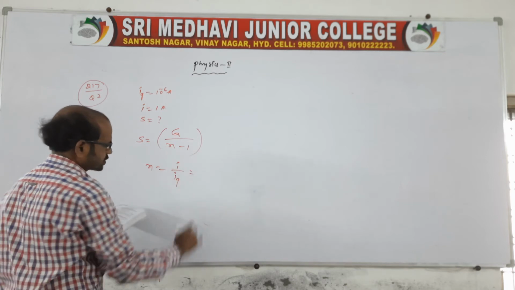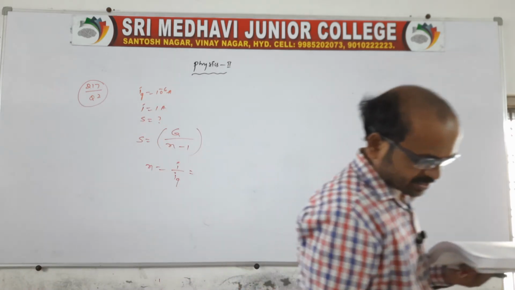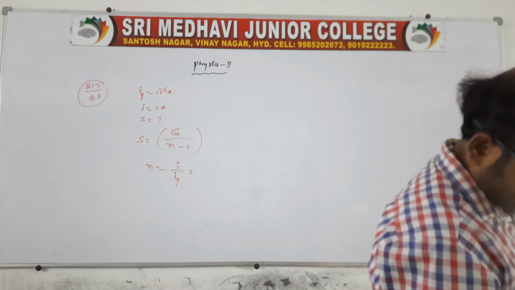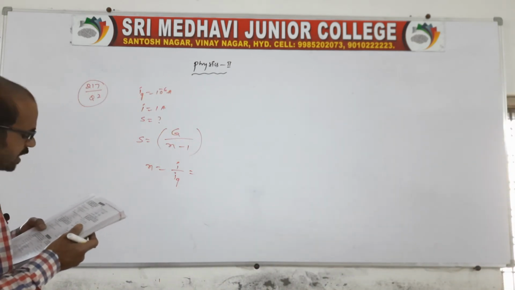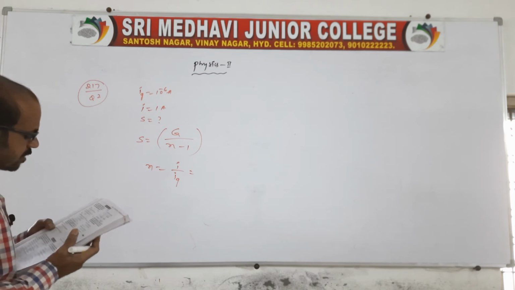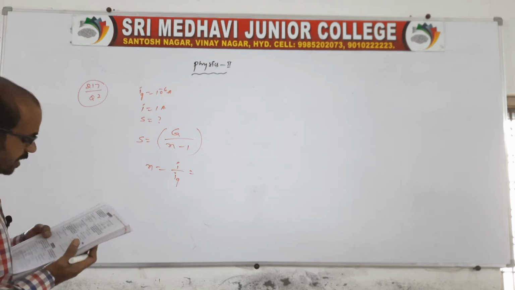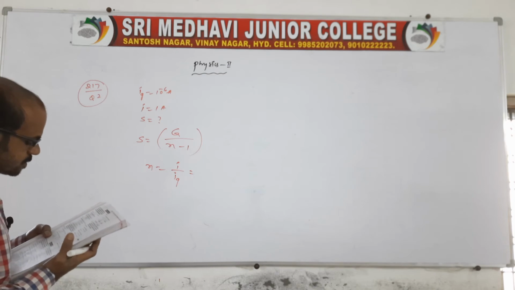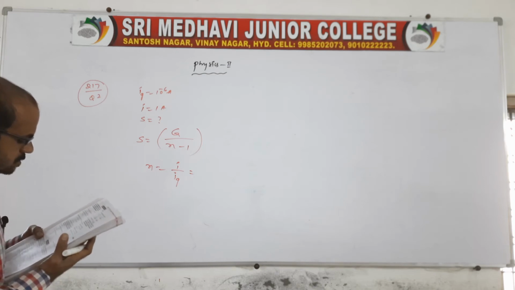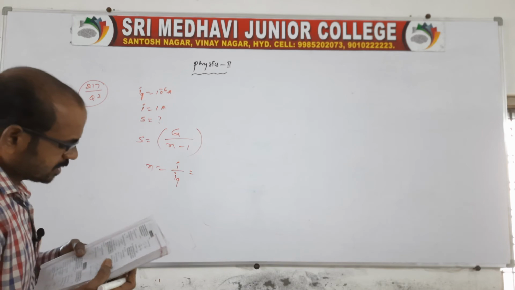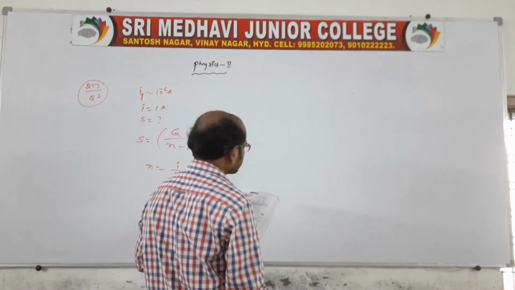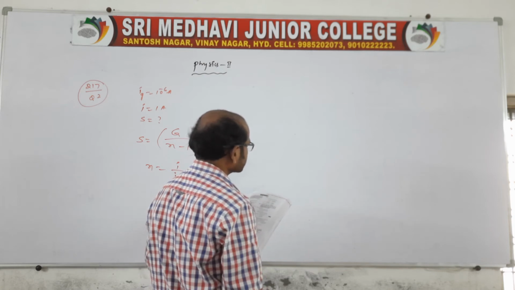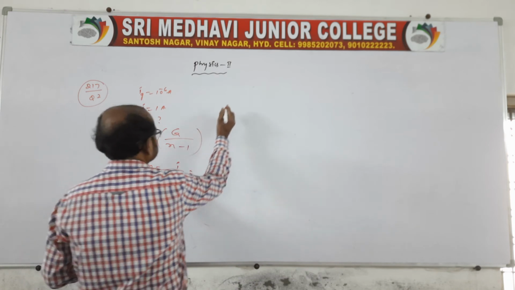So we can say it is asking for the shunt resistance, but in this case the galvanometer resistance is not given. Better you do it like this. First of all we need to find the galvanometer resistance, because we don't know it. You keep it as G only.